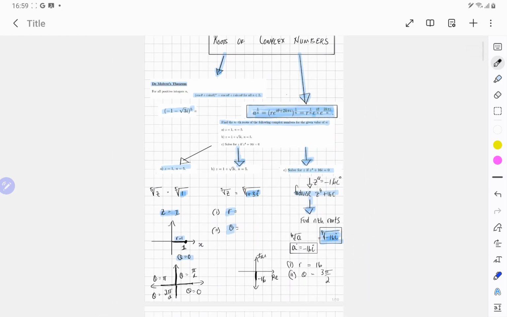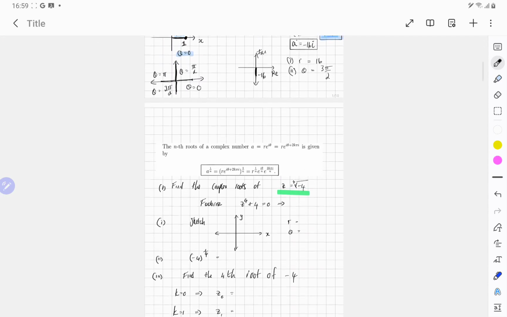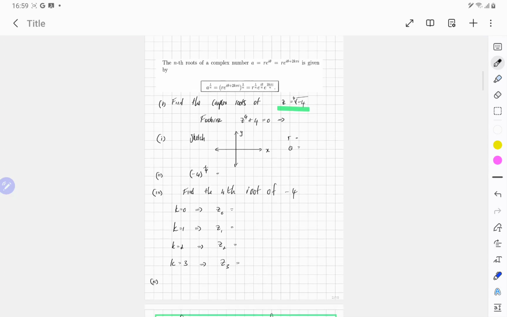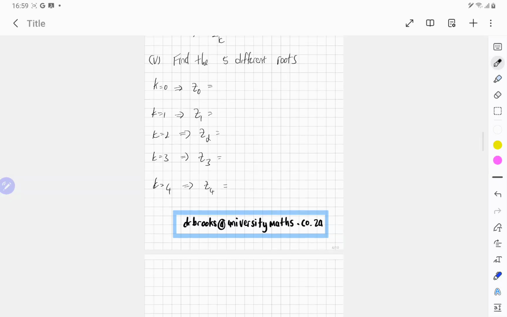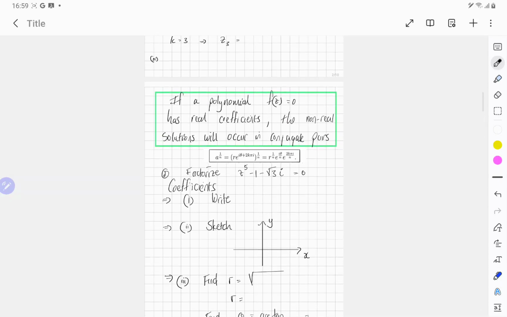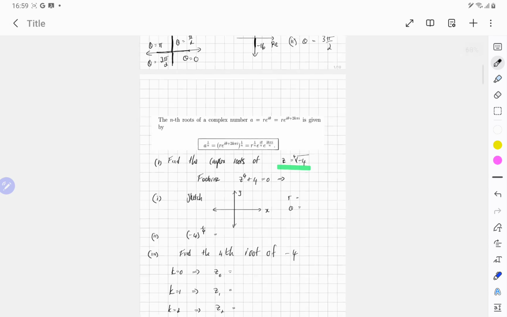This flow diagram, very important for what is coming. So we will do 2 examples. First, we'll do an easy example, and then after that, we will try to do a more complicated one.